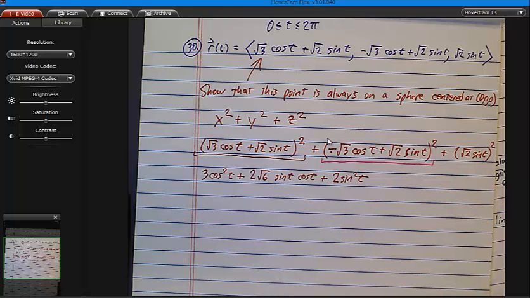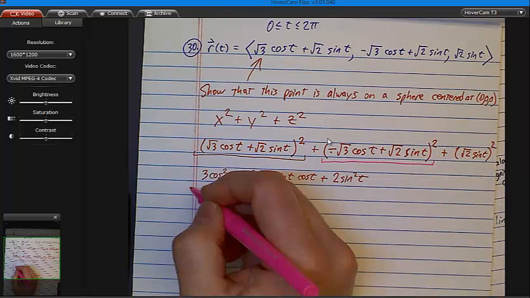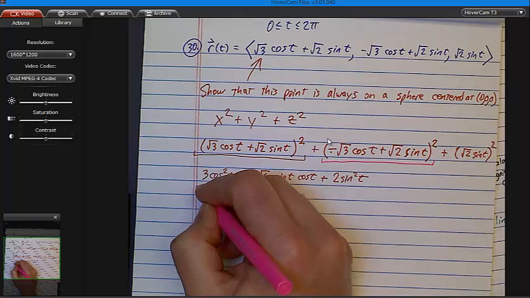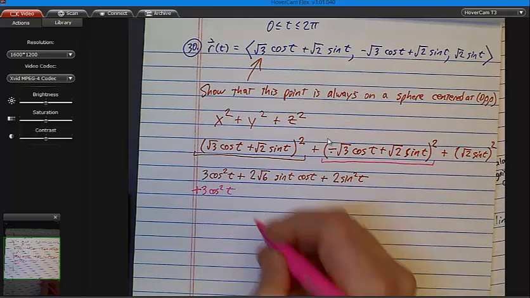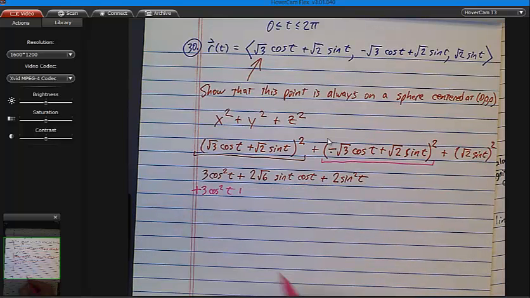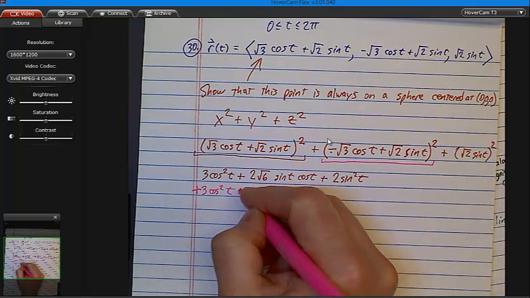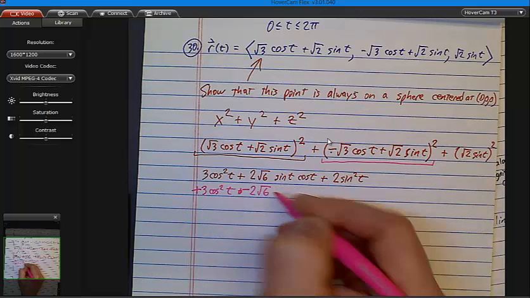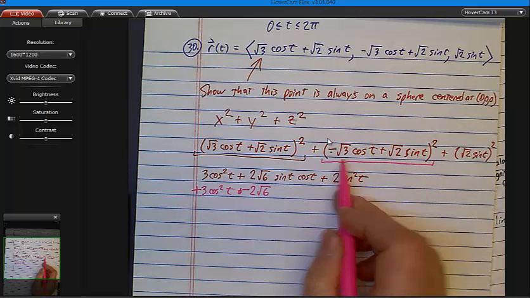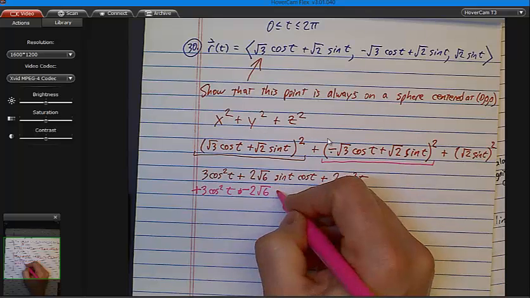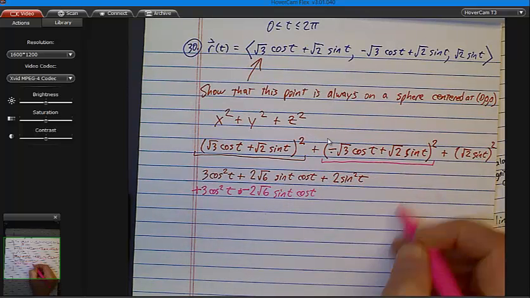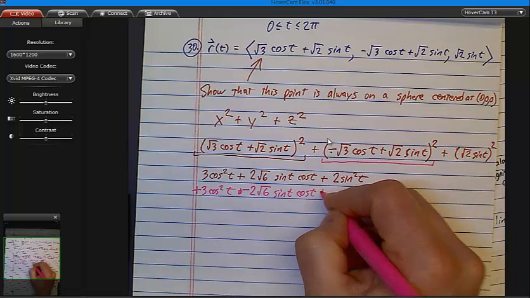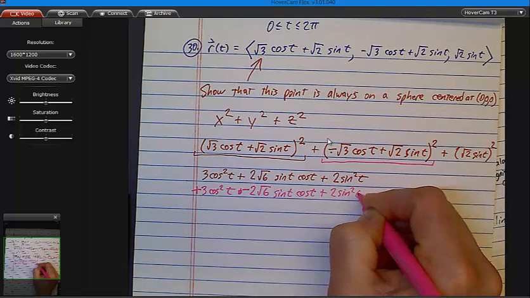When I square that, I get another positive 3 cosine squared t plus, oh no, there's a minus, right? So it would be minus, is it 2 radical 6 again? Yeah, because it's radical 6, we have to double the product. 2 radical 6 sine t cosine t, and then it would be plus 2 sine squared t.